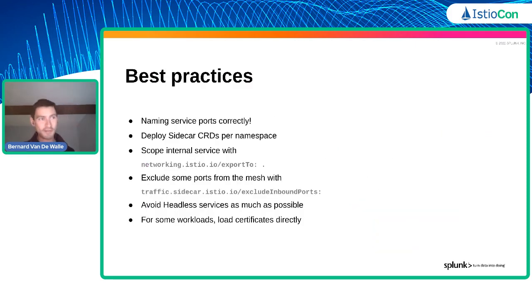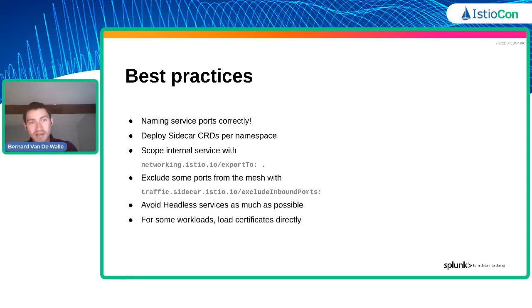Okay, so one thing we had to do as well is work on best practices, because we quickly realized that those were key to make Istio work well operationally. One of those that is not that important anymore, but in the early days of Istio, was that you need to name your service ports correctly, typically with the workload type like HTTP or gRPC.